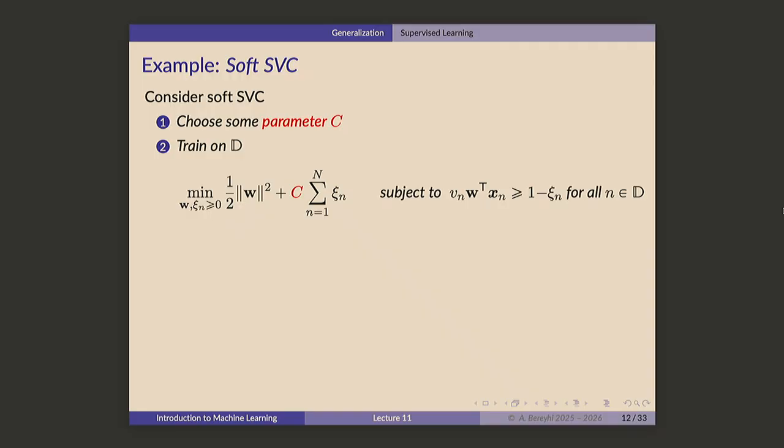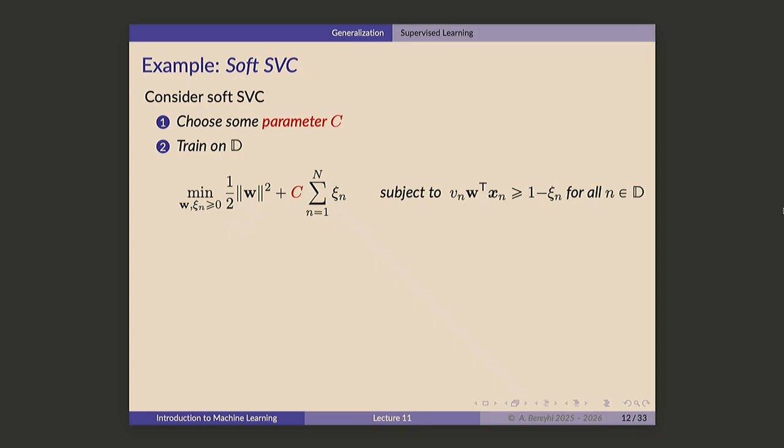It solves exactly the maximal margin as before, but it has this extra term. And these Zn in this penalty term are the ones which are somehow softening your margin, right? If Zn is between 0 and 1, the classification is correct, but the points get into the margin.